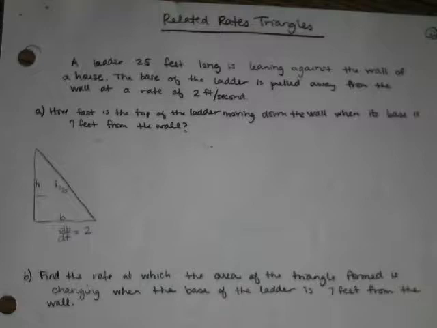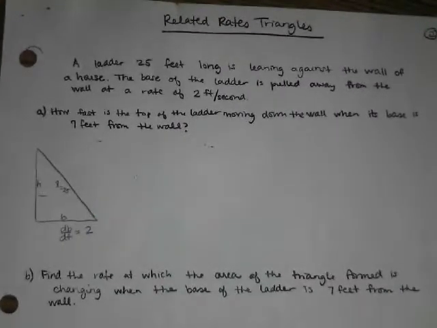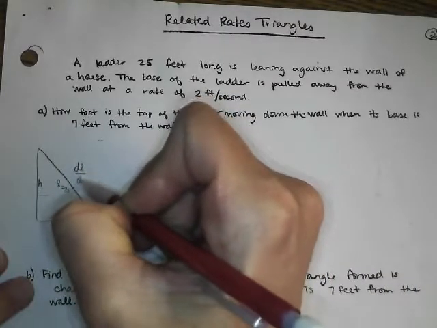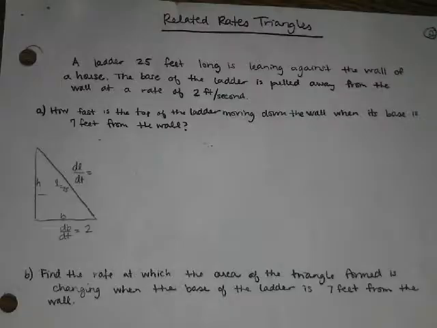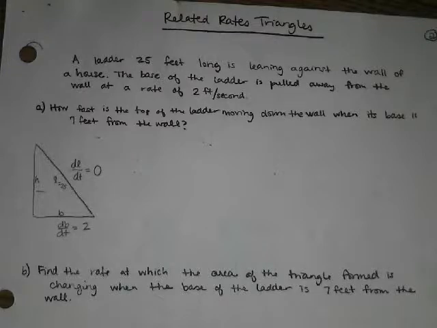So that's changing at a rate of 2 feet per second. So far, so good? What is dL/dt? 0, because your ladder is not changing length. Your ladder is a fixed size of 25 feet. So dL/dt is going to be 0.